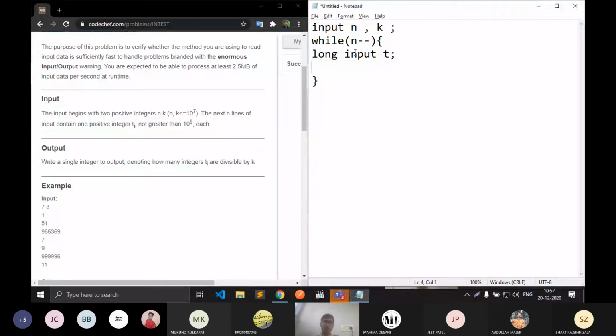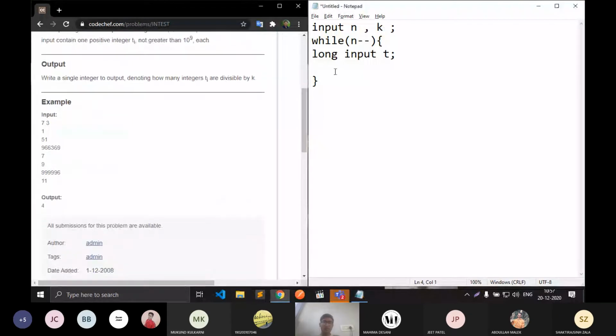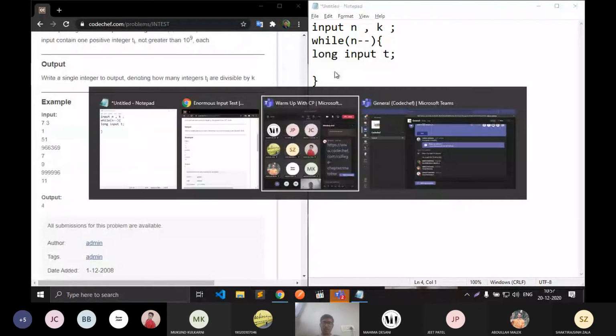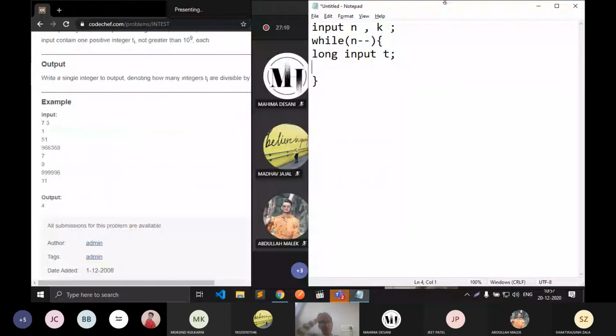If it is divisible by k, we count it. For n numbers, we check each one: is it divisible by k? Then the count of how many are divisible by k is the output. So we also have to check that.